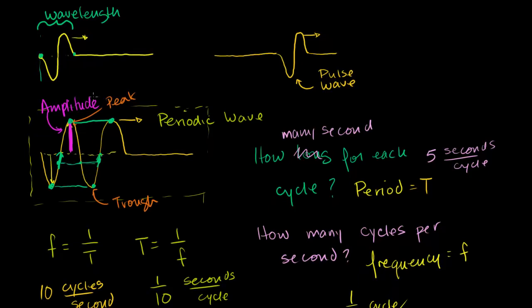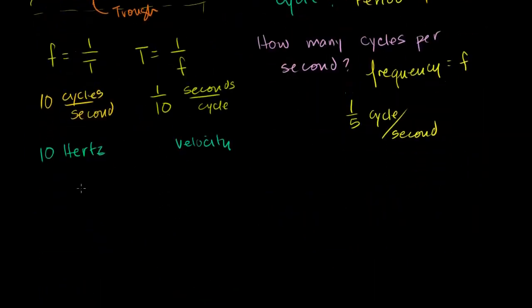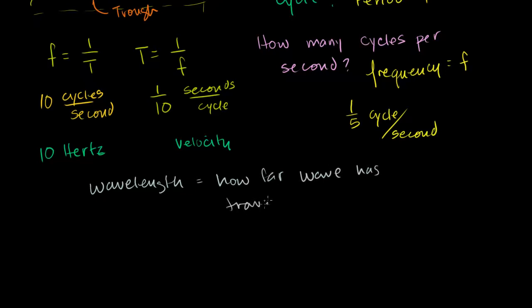So if we know how far we've traveled after one period, so let me write it this way. So wavelength is equal to how far the wave has traveled after one period, or you could say after one cycle.